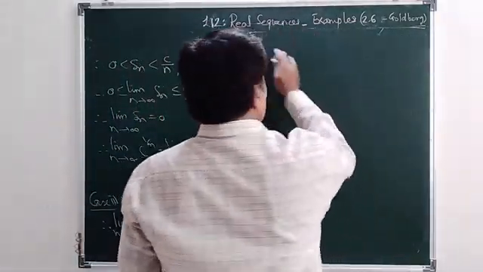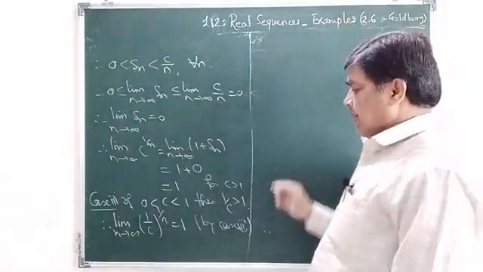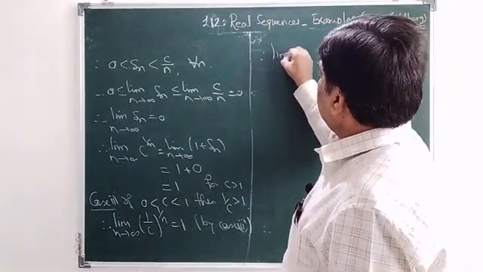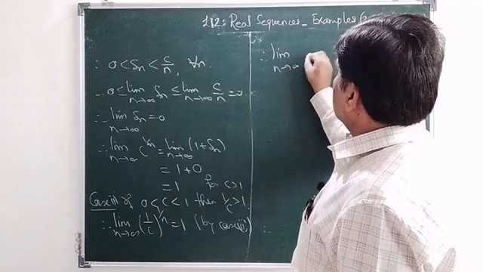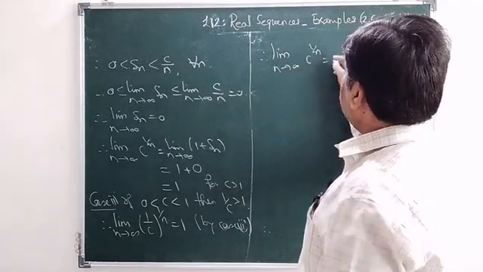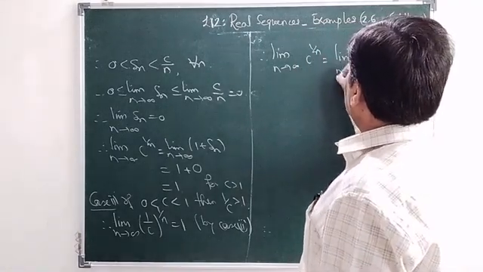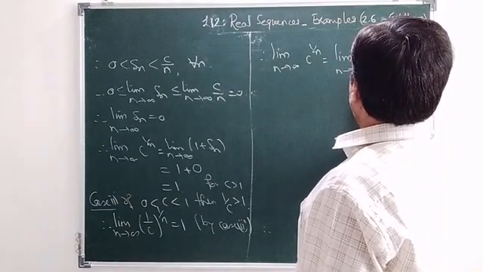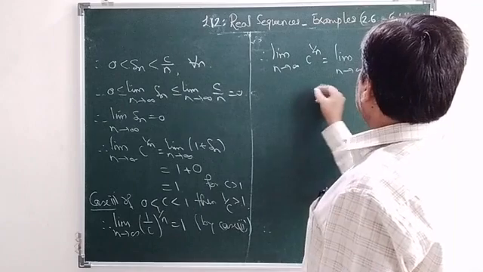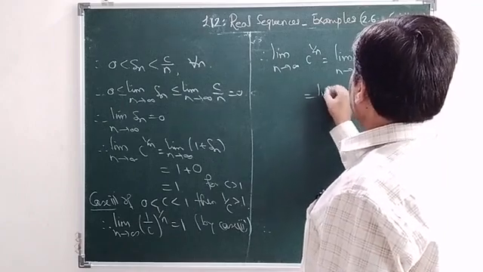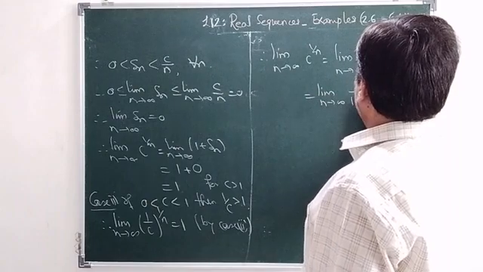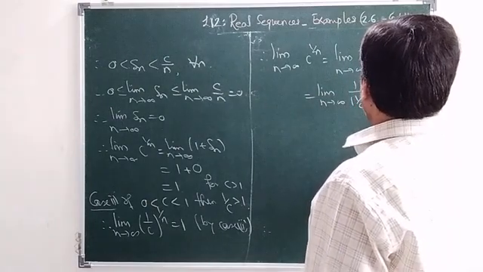So what will we get? Therefore, the limit as n tends to infinity of c raised to 1 by n, I can write it as the limit as n tends to infinity of 1 upon (1 by c) raised to 1 by n, which is 1 upon 1, equal to 1.